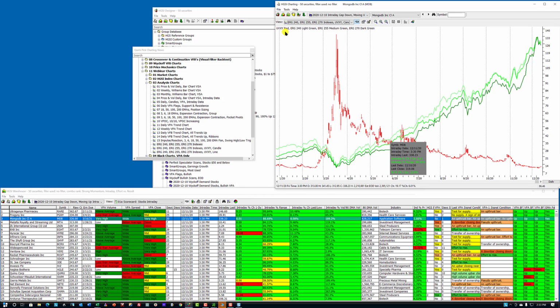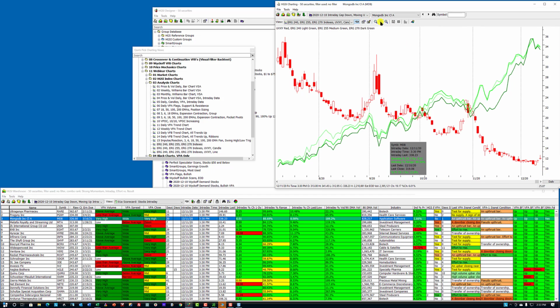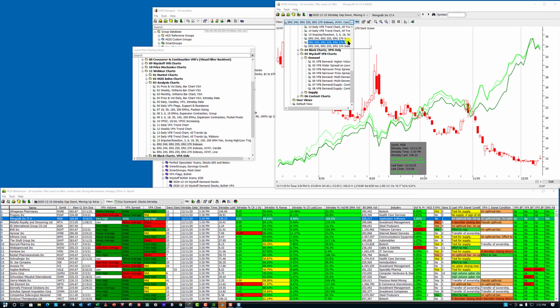Here's the same thing. This time we lost the VIX through the data supplier, but I put the UVXY in here, which is an ETF, and it works well as a substitute for the VIX. You can see as it's coming down, the ERG stocks are going up.